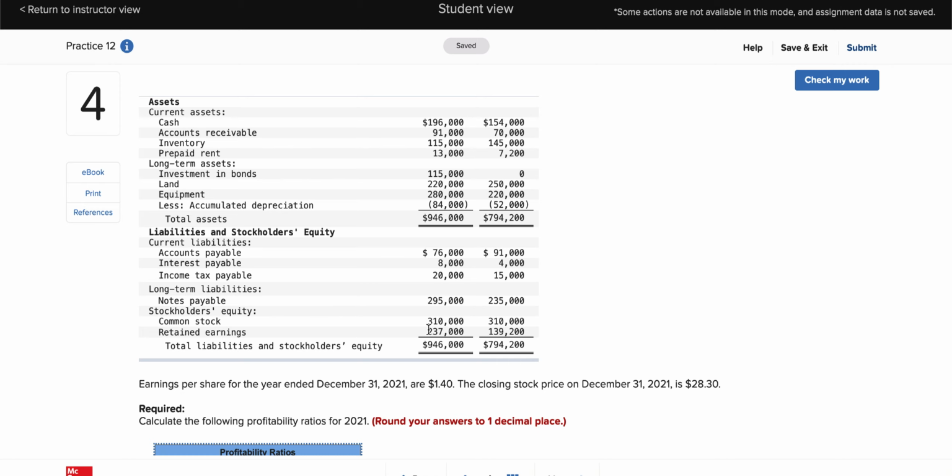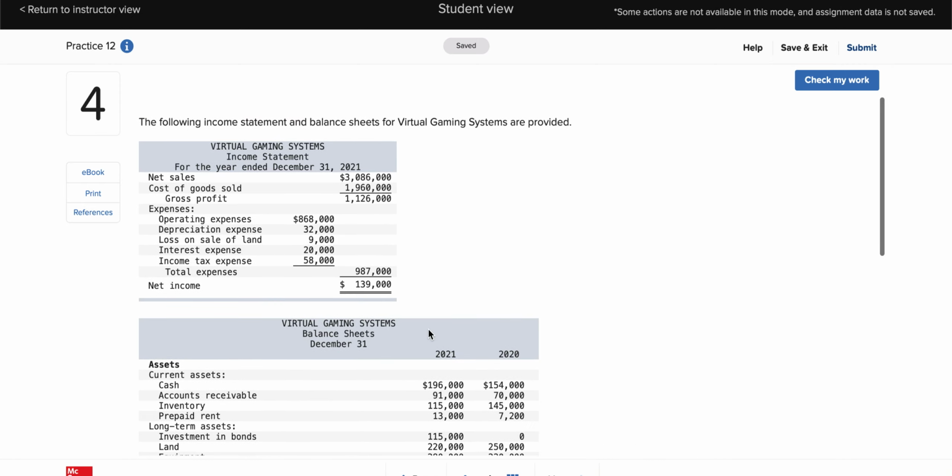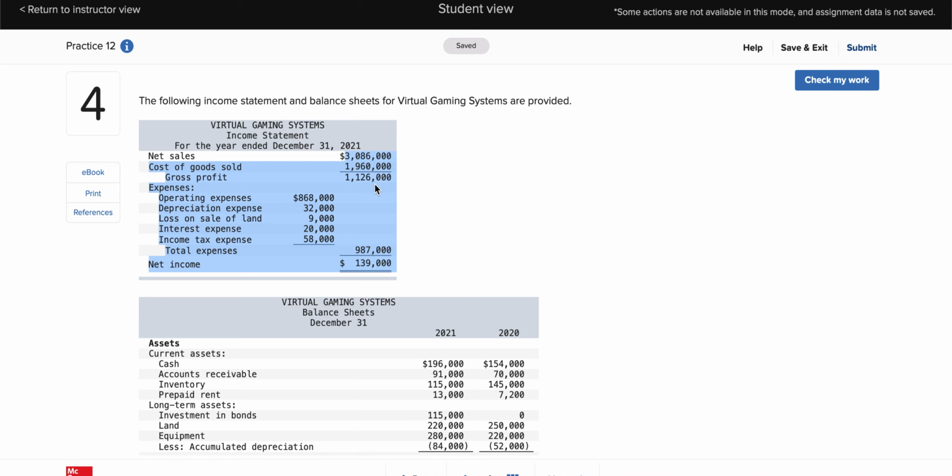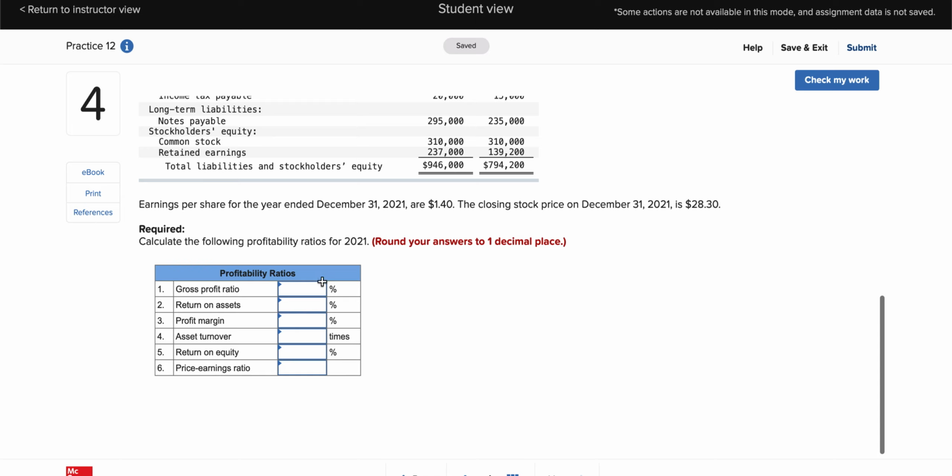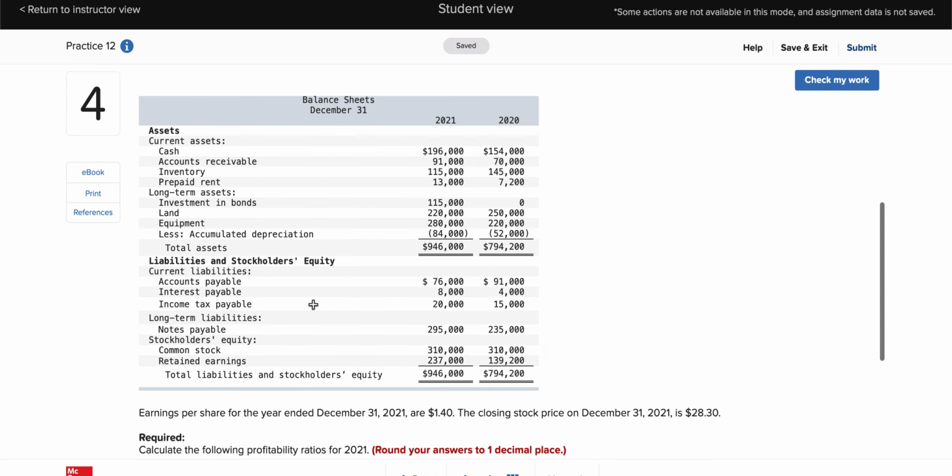Okay, our gross profit ratio. If we look at our income statement, we want to take our gross profit and simply divide it by sales. So 1,126,000 divided by 3,086,000 gives us 36.5% gross profit. What does that mean to us?